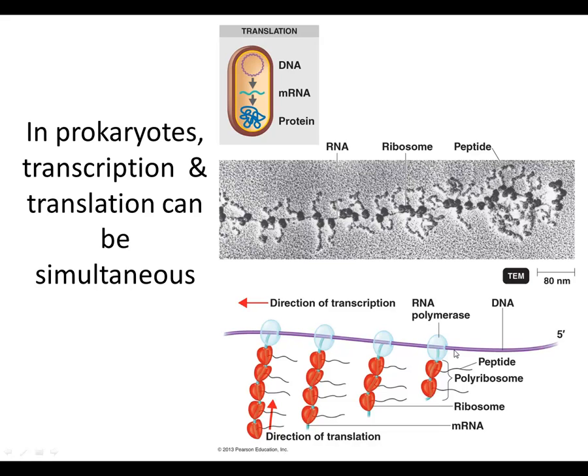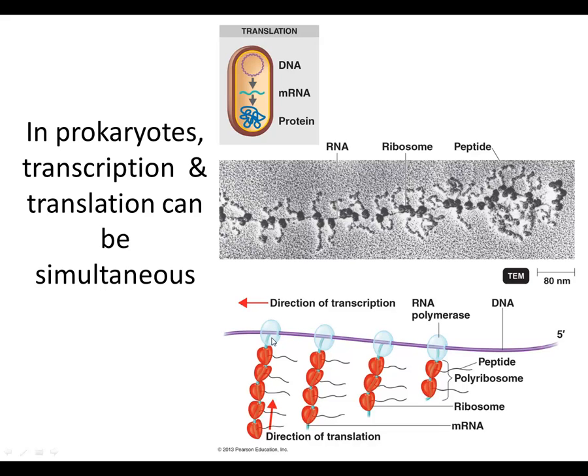Transcription isn't even finished, and translation has already started, not with one ribosome, but 2 or 3 or 4 or 5 ribosomes, all on the same messenger RNA that's getting clobbered before it's even completed. Yeah?